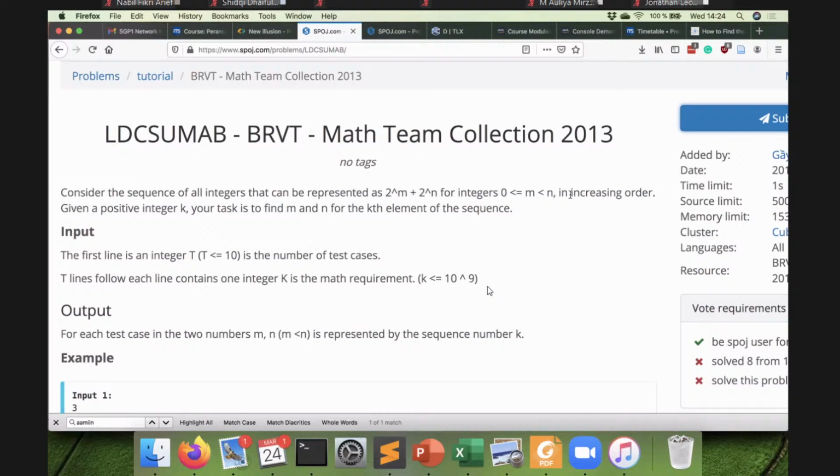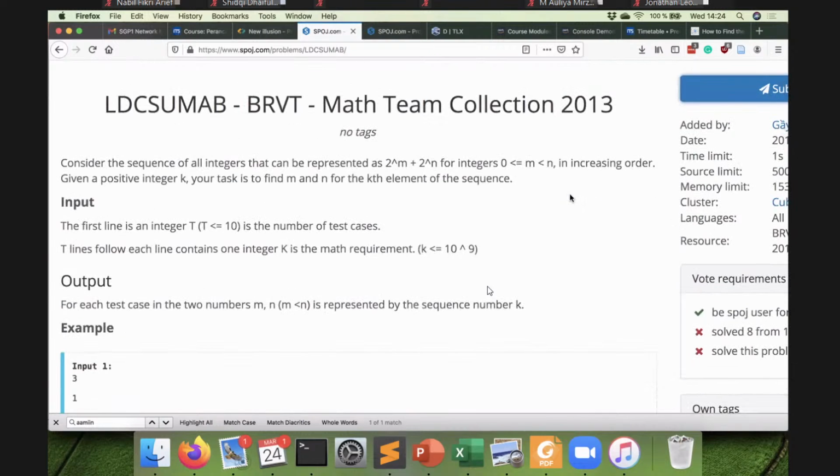So this one is monotonically increasing. Given a positive integer k, your task is to find m and n for the kth element of the sequence.